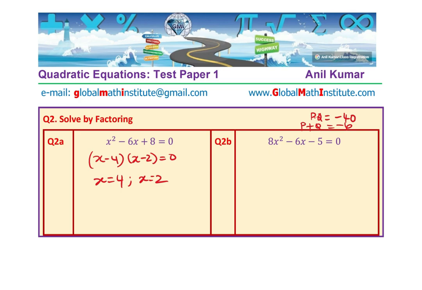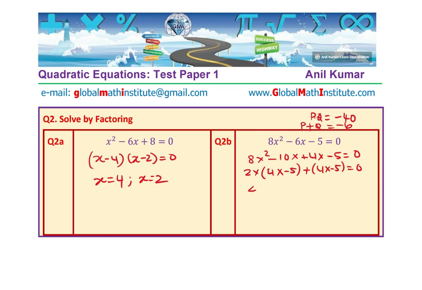So we can work this out. 10 times 4 works out fine, right? So it is 8x squared minus 10x, bigger number is negative, plus 4x minus 5 equals 0. Now 2x is common here. So we have 4x minus 5 plus, we already have 4x minus 5 here.